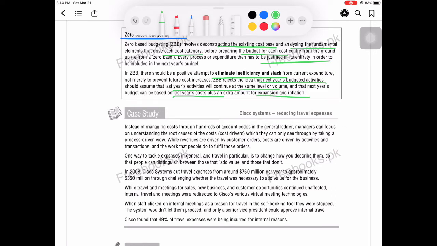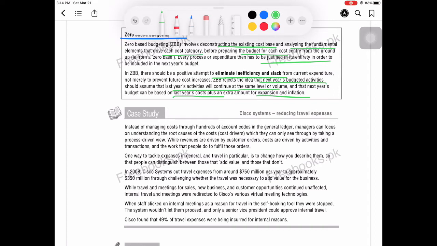So there is no estimation as in incremental budgeting. And also this needs to justify for the next year the expenses incurred in the current year. That means if you have incurred an expense this year, it doesn't mean that next year also you're going to incur it. You need to give the explanation of why you need to incur it the very next year.